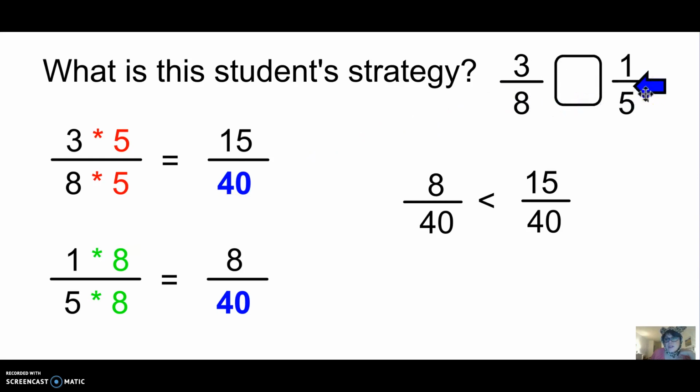For the second fraction, 1/5, what was this student doing? Why did this student choose to multiply the second fraction's numerator and denominator by 8? What was the student trying to do?